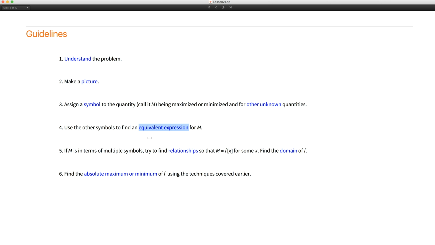Now the difficulty is that if you have multiple symbols, then you will need to find relationships so that M is a function of just one variable x. After all, we are doing single variable calculus, so you must have just one variable x on which M depends.